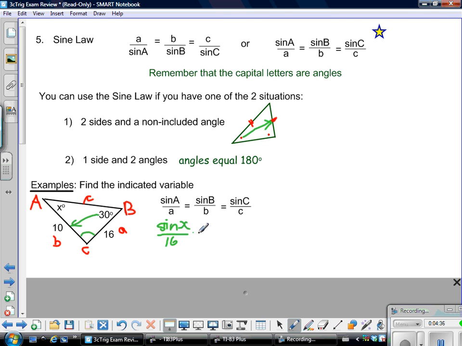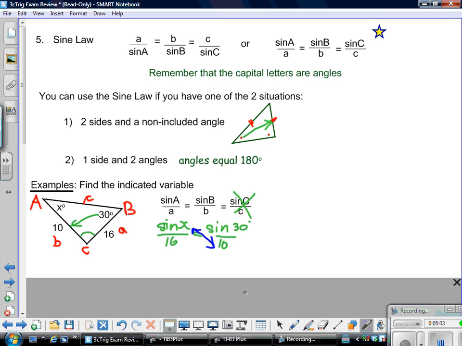Then if I go over and do B, I have the sine of 30 over 10. For C, I don't know anything about C, so I'm actually not even going to use it. So now what I have here is a ratio. And with all ratios, we're going to cross multiply and divide. I usually cross multiply the one that has the variable in it first.